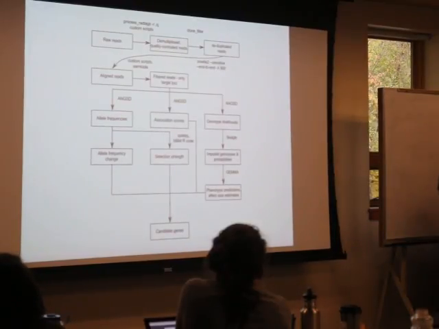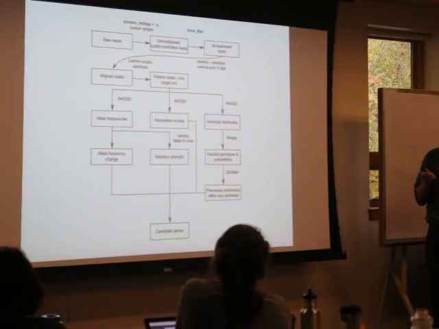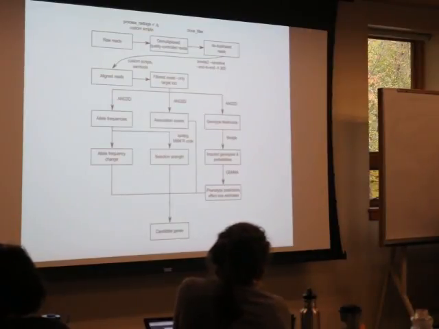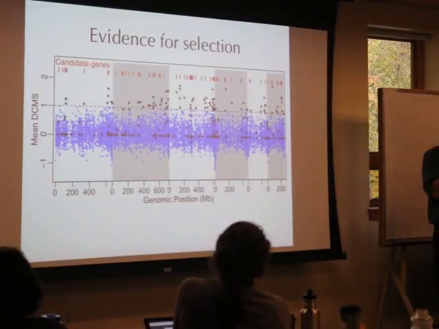So we ended up with a little bit lower coverage than we were expecting, but by using this Bayesian genotyping program, we're able to get good genotypes across these individuals. And multiple other programs, testing for selection with a couple different methods, mapping phenotypes with this program, GEMMA.